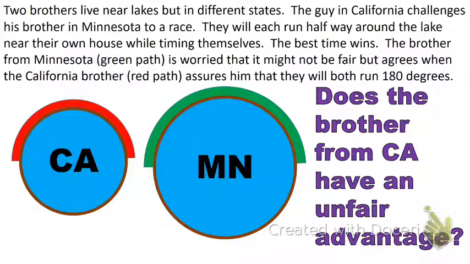He obviously does have an unfair advantage because he lives near a smaller lake. So both brothers will run 180 degrees, halfway around the circle. But obviously the brother from Minnesota lives near a larger lake, so the length of his run will be a lot further than the length of the brother from California.